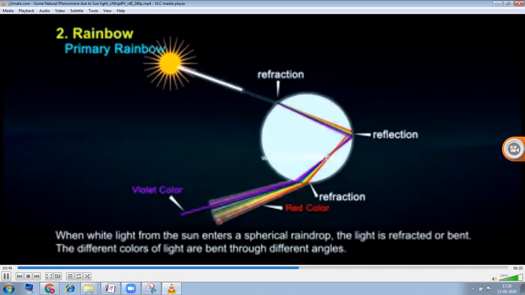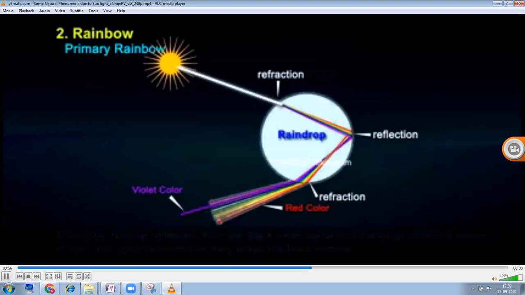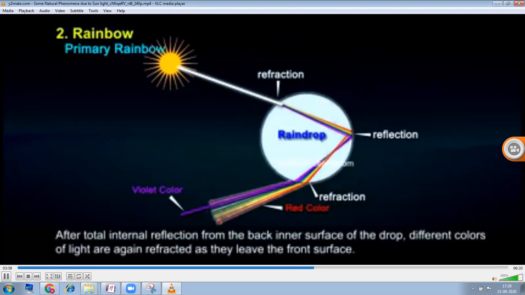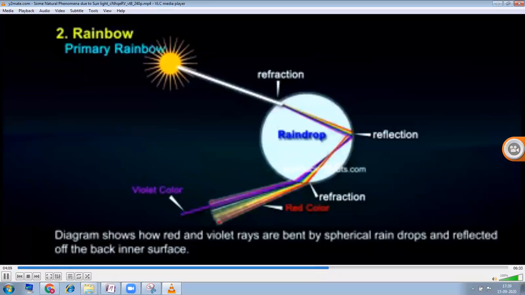When white light from the sun enters a spherical raindrop, the light is refracted or bent. The different colors of light are bent through different angles. After total internal reflection from the back inner surface of the drop, different colors of light are again refracted as they leave the front surface.